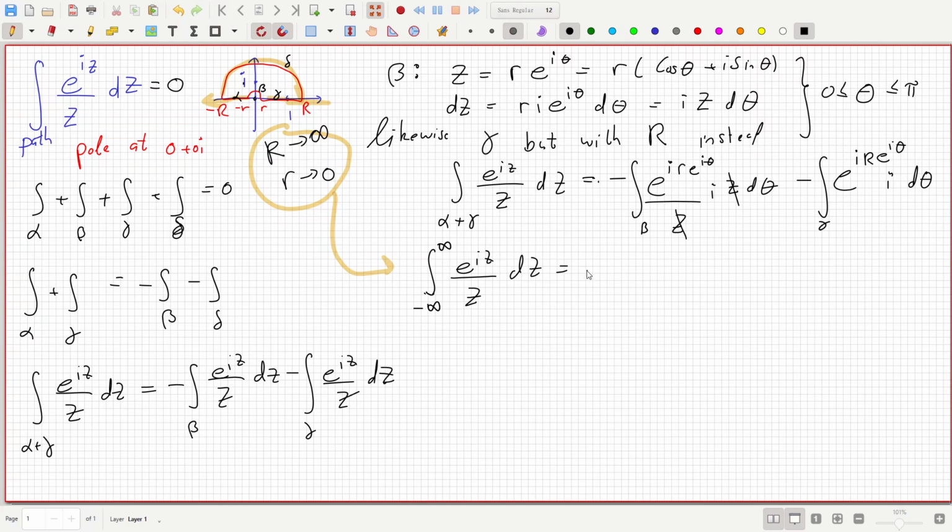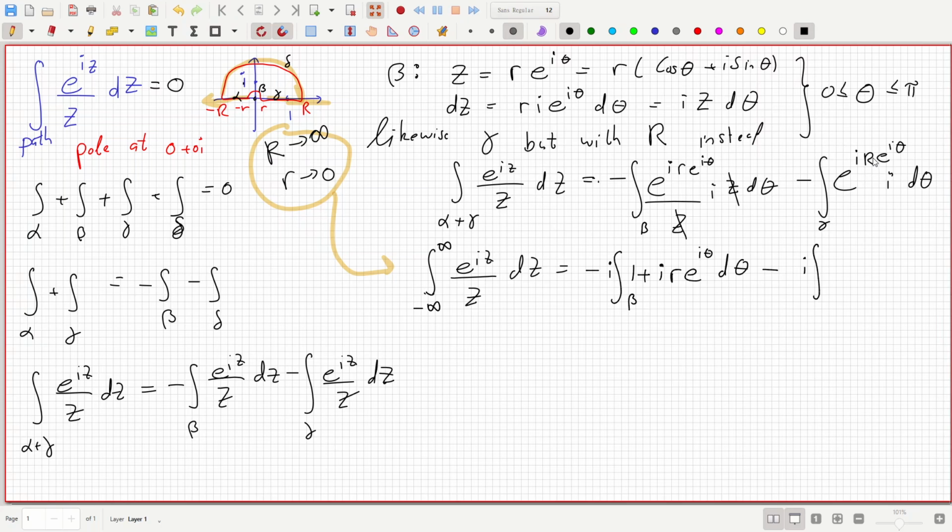So we'll have minus the integral of 1 + i r e^(iθ) dθ, and that is also being multiplied by the i.